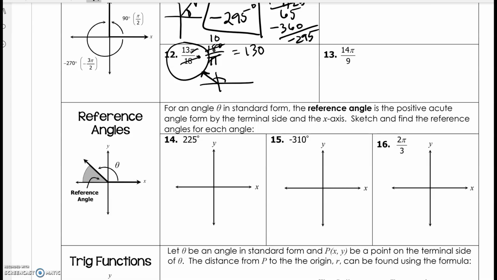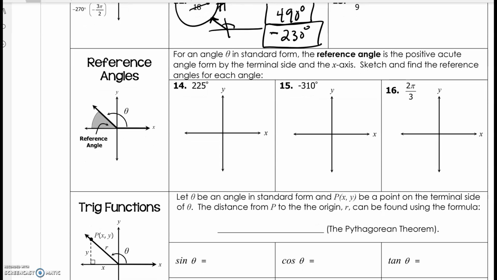How do I find the positive coterminal? I just add 360, so 360 plus 130, and I get 490. And then to get the negative, I just take 130 and I subtract 360, and I get negative 230 degrees. So positive, negative.